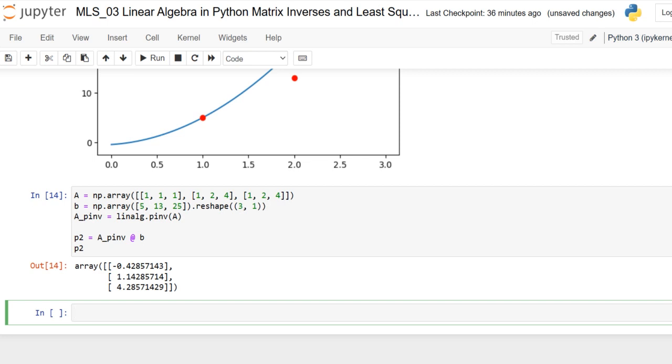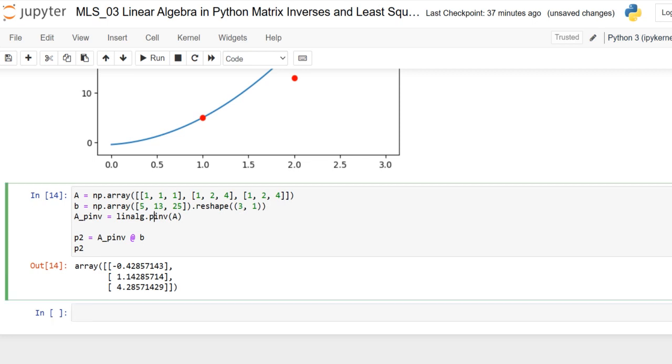And yeah, dear friends, this is similar code to the previous one which we have given. One and only thing, same approach used to solve a linear system with the inverse of the matrix. You calculate the coefficients of this parabola equation using the pseudo inverse and store them here in this P2.